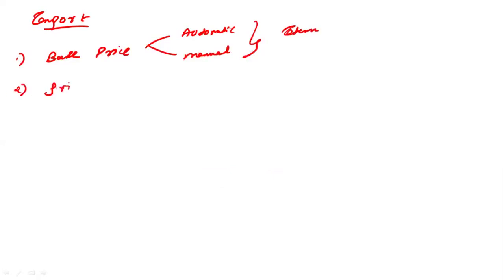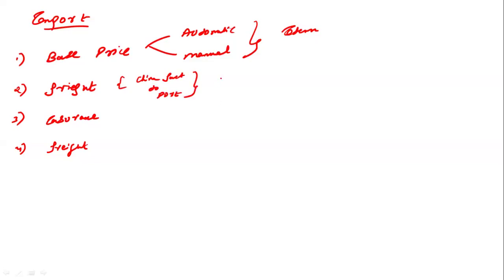Then you have the freight. Then you have the insurance. Then again you have the freight. This freight is from China factory to port. This can be at header. Then you have the insurance. Insurance can also be on header. Freight is also on header. This freight is an ocean freight.